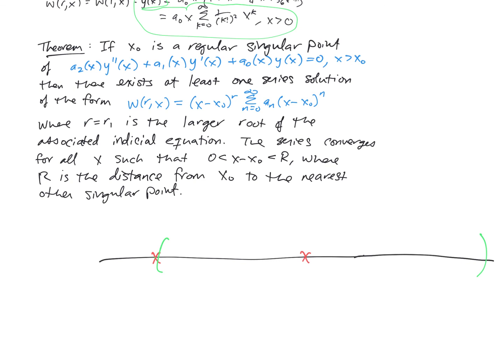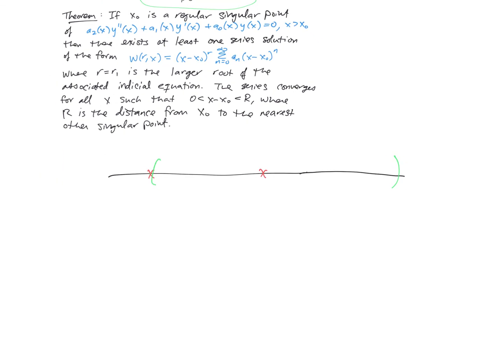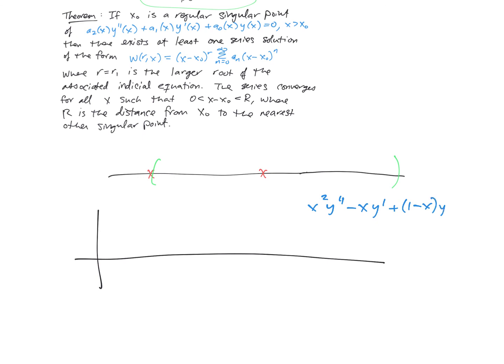So in the example that we had before, remember what our equation was: x squared y double prime minus x y prime plus (1 minus x) y equals 0. We only had one singular point, so x equals 0 is the only singular point.